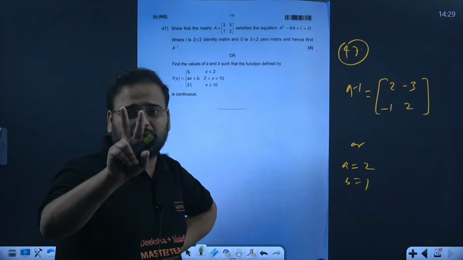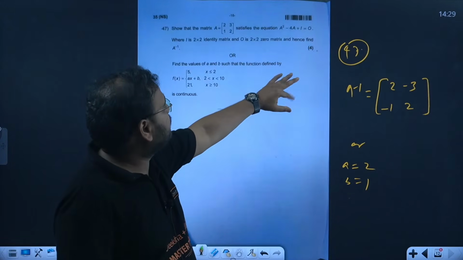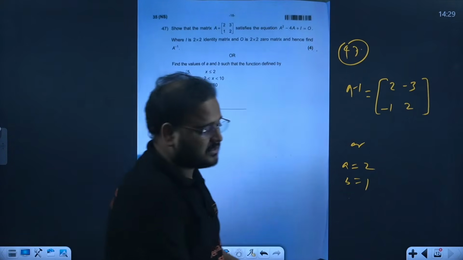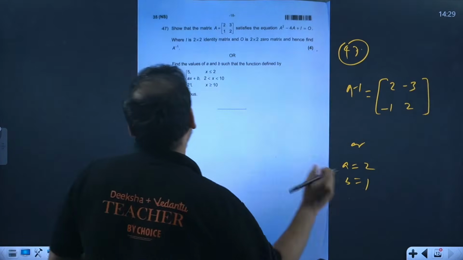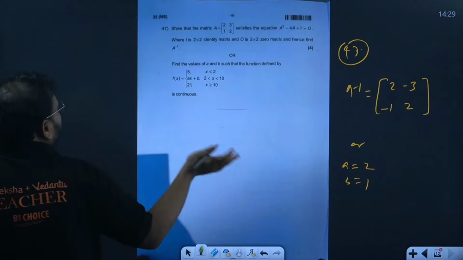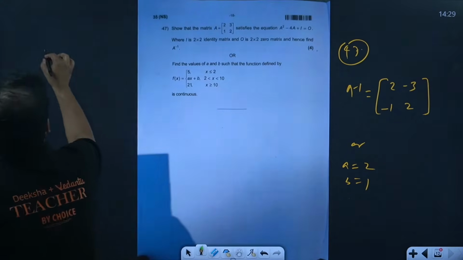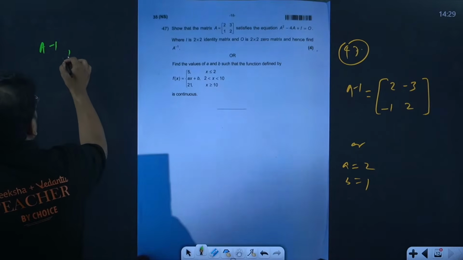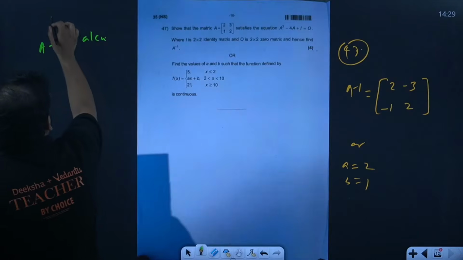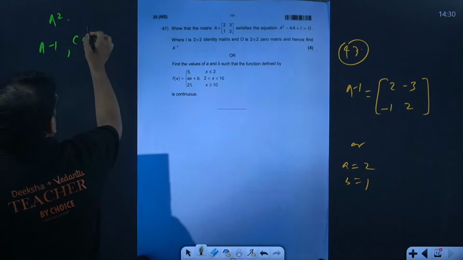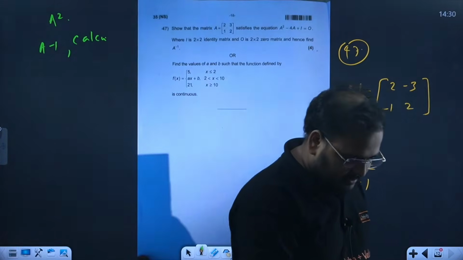Then there will be 2 marks for the calculation side. Calculation will be 2 marks, 1 mark for the final answer of the inverse. One second guys, let me just check. It's a 4 marker, no? Let the mark sheet come, but I think there will be an A inverse distribution and A inverse calculation. In that you'll also have to find A square and prove the first equation. So 2 and 2 marks, I think.